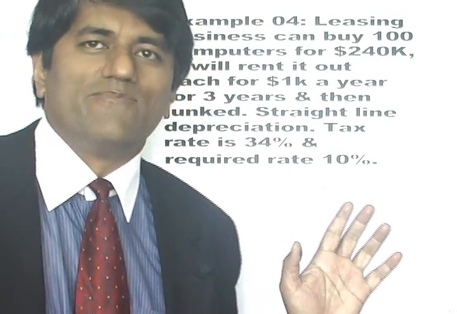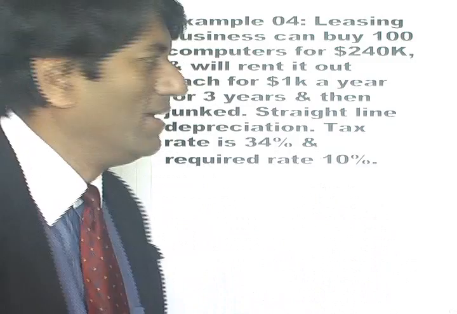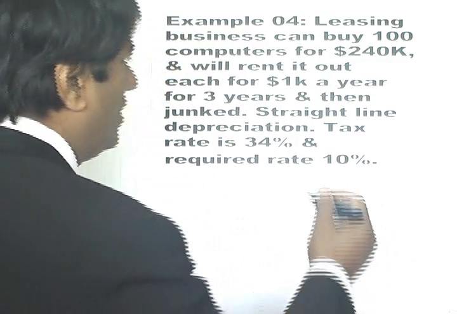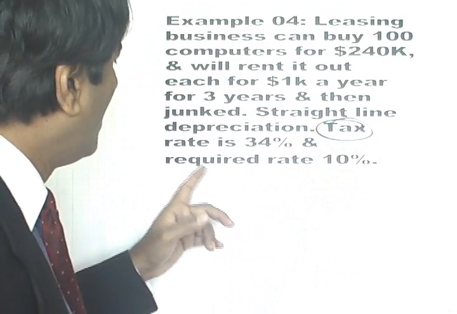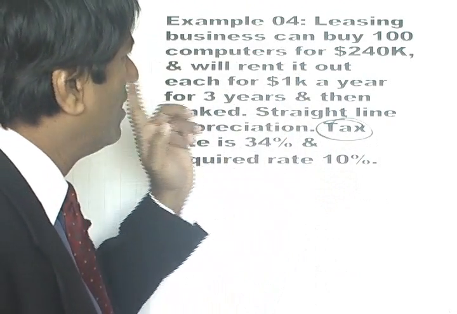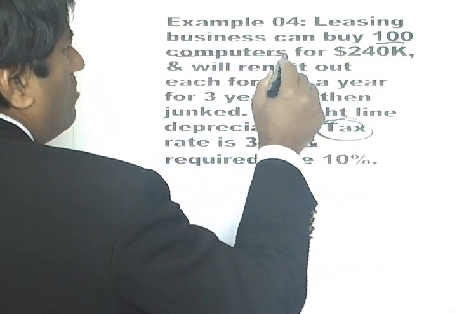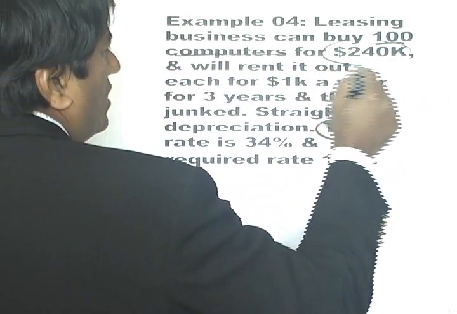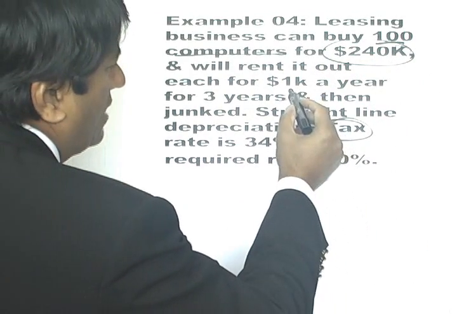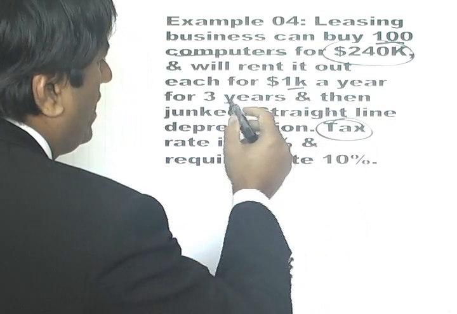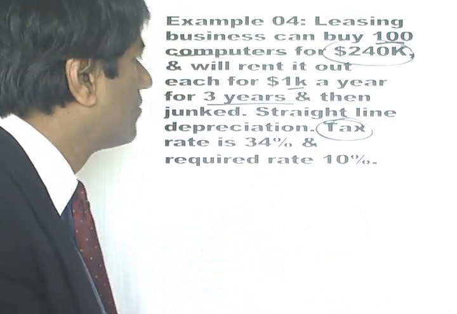In this NPV example, we introduce some more features of the real world, and of course one of them is taxes. So you have a leasing business and it can buy 100 computers for $240,000, and it will rent them out at $1,000 each for 3 years, and then these computers will be worthless.